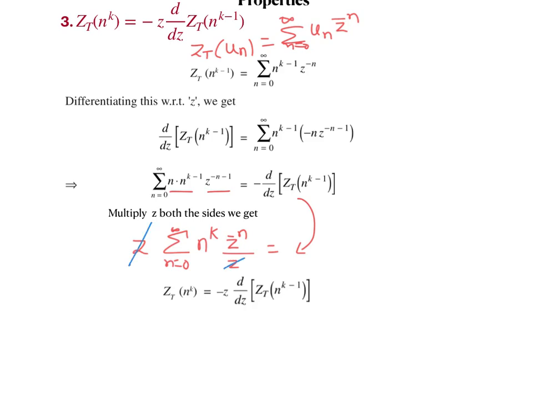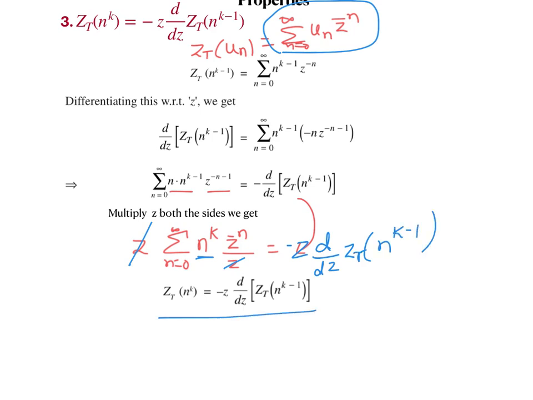We get, according to the definition of z transform, un is n power k. So therefore z transform of n power k will be the result: minus z, when you multiply the other side by z, it gives us minus z d by dz of z transform of n power k minus 1. Okay, that's our required proof.